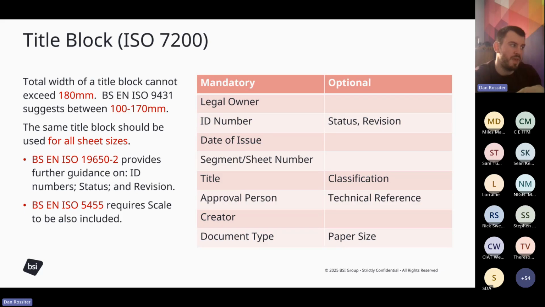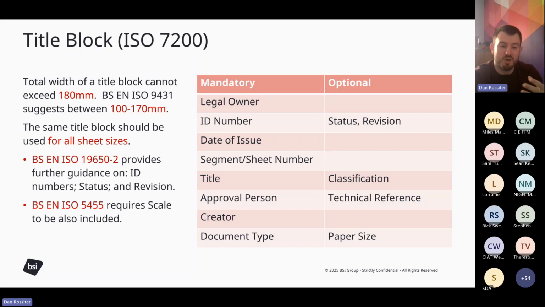You can see the first column there talks about the mandatory ones, legal owner being kind of you as the producer of it, some form of unique reference for it, date it was issued, things like what it's called, who signed it off, those sorts of things. And there are other optional ones. I've just put a few on there that I think are quite useful to have, but you can go through the list and pick out the ones that you feel are appropriate.